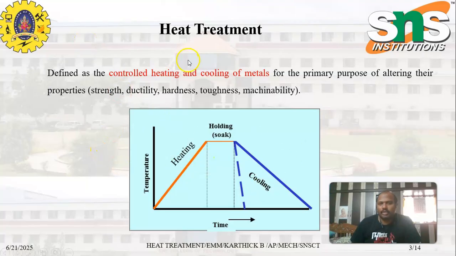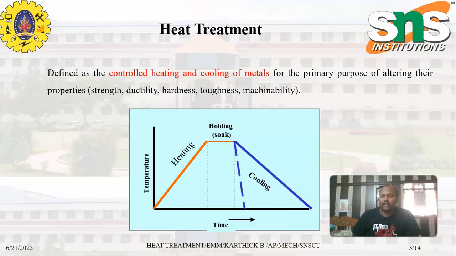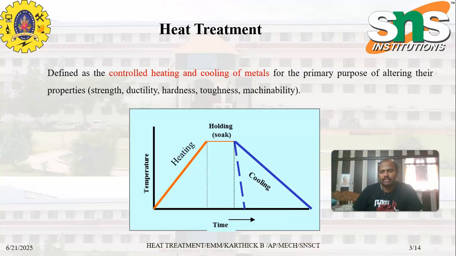There are three steps in heat treatment, as we discussed: heating, holding, and cooling. In annealing, the cooling takes place in the furnace itself. So there will be very slow cooling, and the cooling rate is very low. We can say that in 1 hour there may be a reduction of 10 degrees Celsius, so cooling is around 10 degrees Celsius per hour.